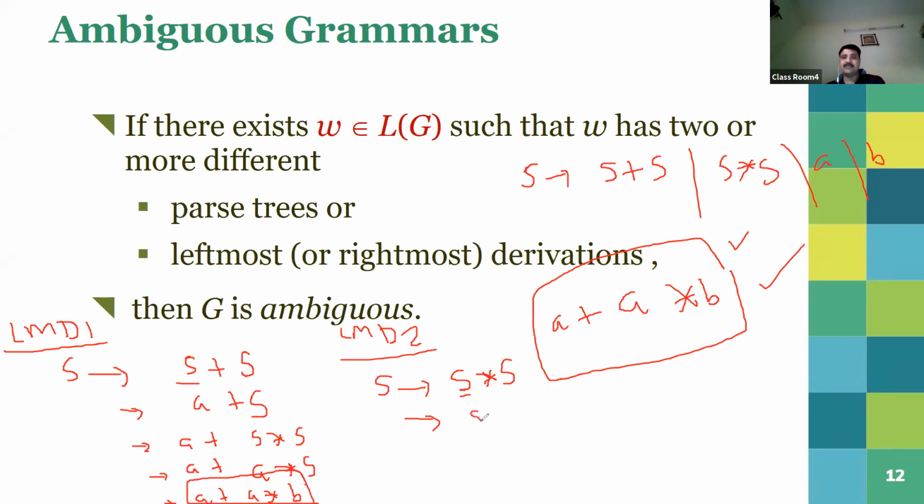So simply in place of this s we can write here s plus s, and it is again asterisk s. Because s can be expanded into s plus s, so just I am writing here s plus s. So in this place I'm just replacing this s by a plus s asterisk s. And finally you can see this is a plus.